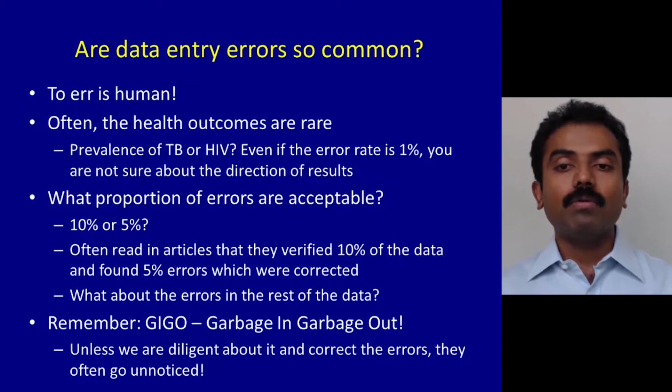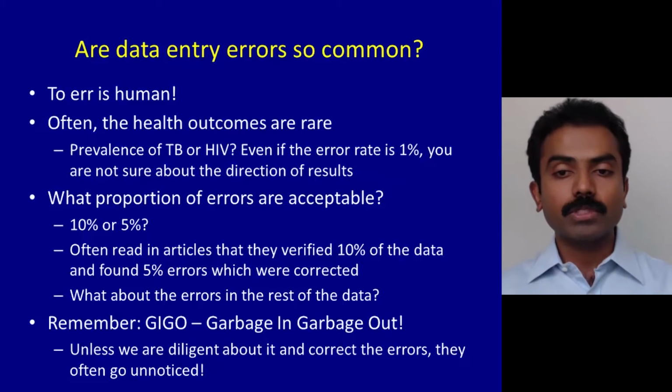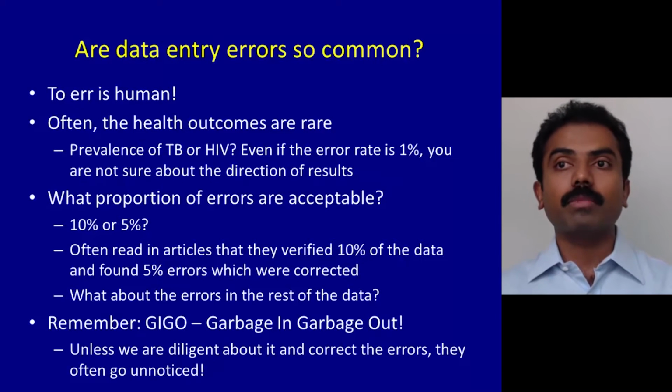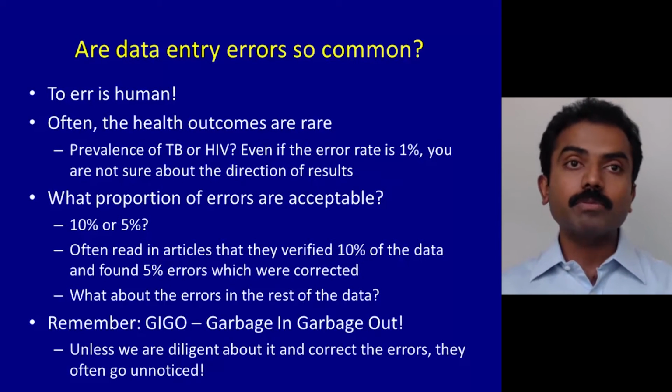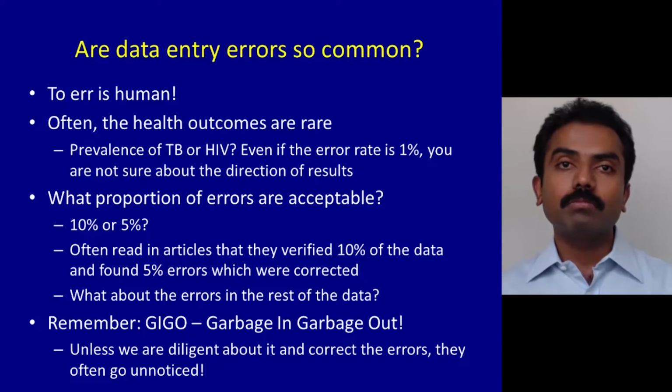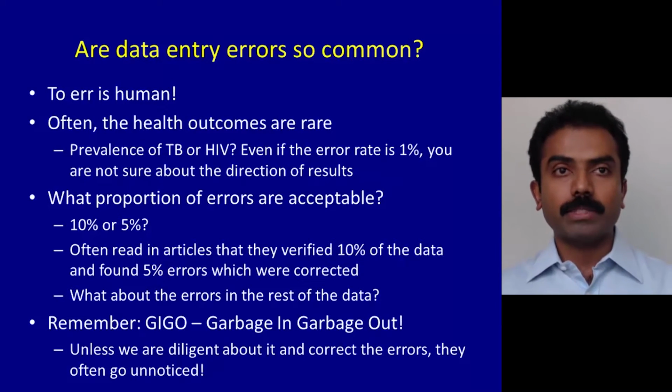But if you look at what's the prevalence of tuberculosis in India, it could be something like 250 to 300 per 100,000 population, which means in terms of percentages, it could be 0.2 or 0.3%. Now, many people ask me this question: what proportion of errors are acceptable? Is it 10% or 5%?